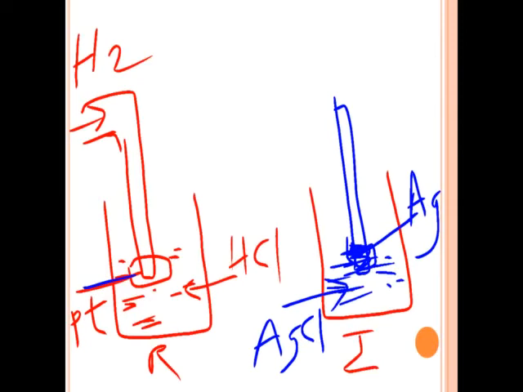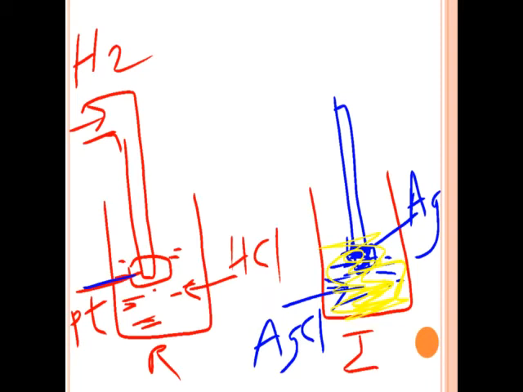So it is called the AgCl indicator electrode. In the same indicator electrode, the analyte or sample is present.